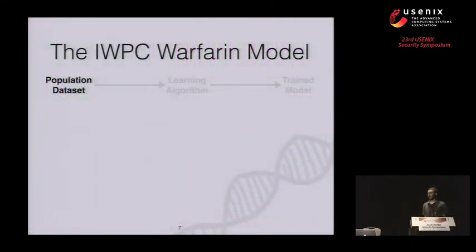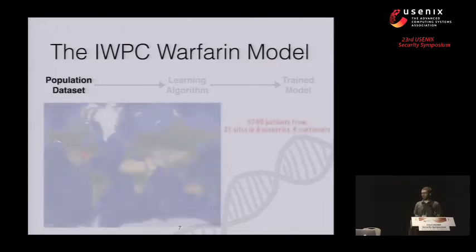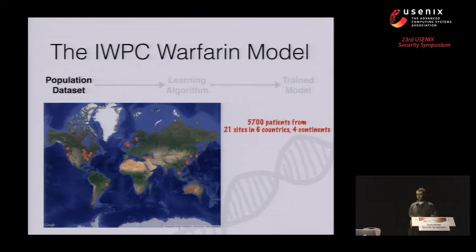So we're going to look at one particular warfarin dosing model that was developed by the International Warfarin Pharmacogenetics Consortium, or the IWPC, which is much easier to say. And a few years back, the IWPC did a really big study where they collected data from about 5,700 patients from 21 hospitals in 6 countries from all around the world.